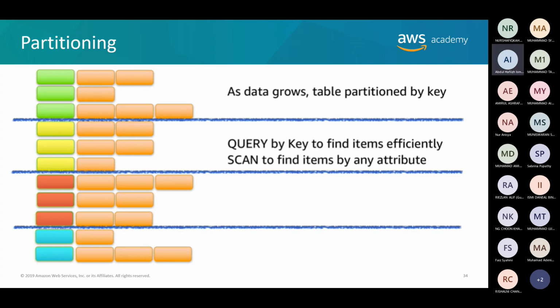The second method is via a scan, which enables you to locate items in the table by matching conditions on non-key attributes. The second method gives you the flexibility to locate items by other attributes. However, the operation is less efficient because DynamoDB will scan through all the items in the table to find the ones that match your criteria.